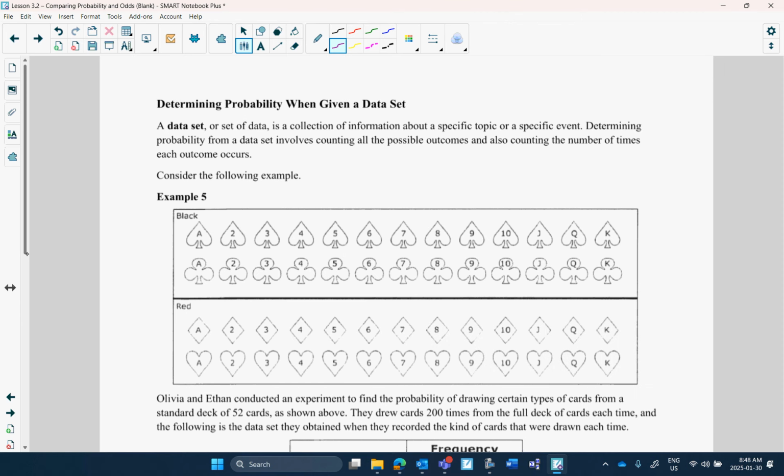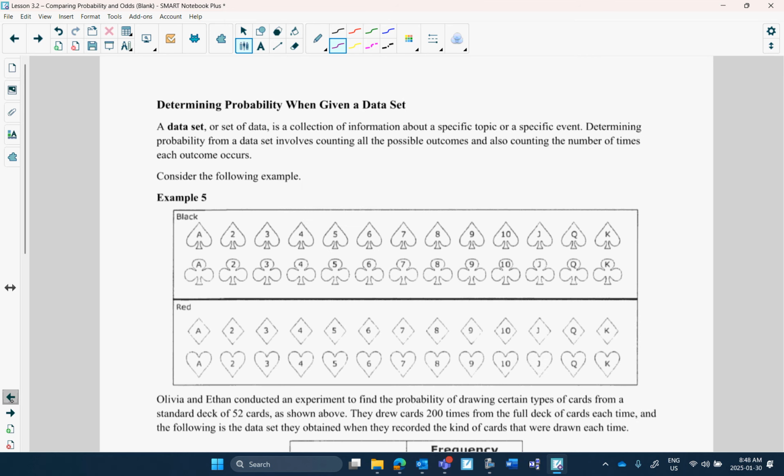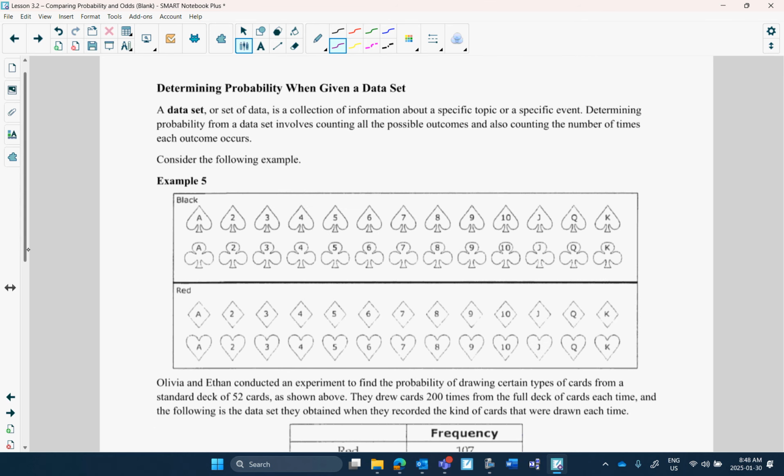Okay. Last example. So probability, and I believe odds as well, when you're given a data set. And the data set is below.